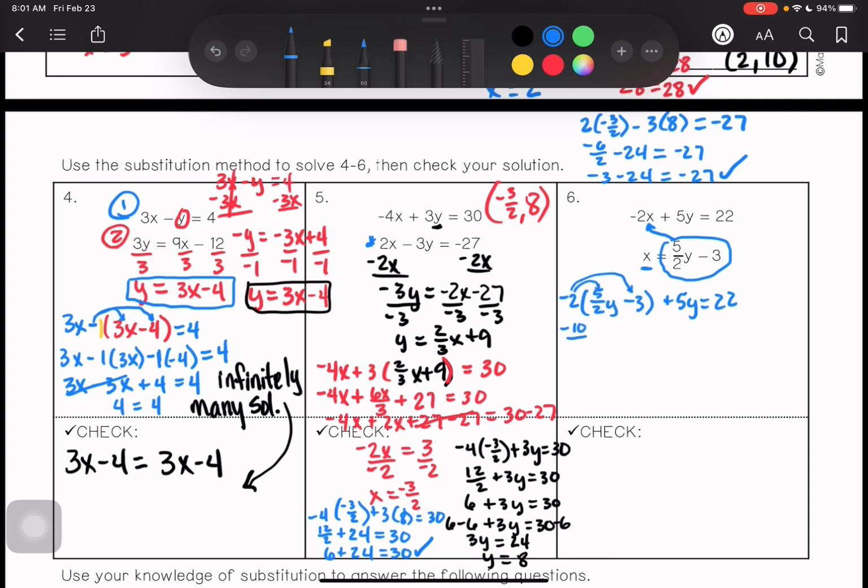So it gives me negative 10 over 2y plus 6 plus 5y equals 22. This gives me negative 5y, and I'm just going to bring the plus 5y next to it because they're like terms. This cancels, and I'm left with 6 equals 22. That looks like no solution. Okay.